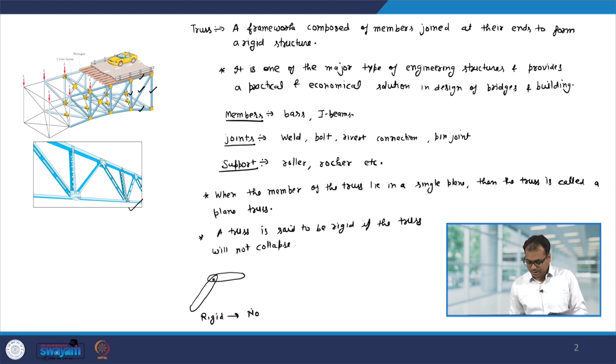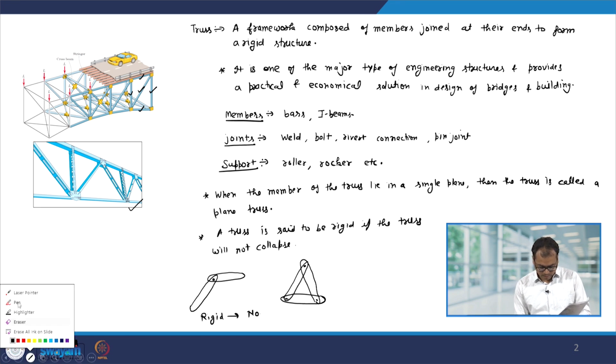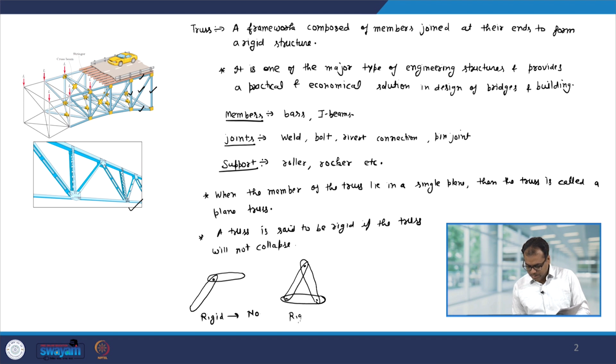Now, let us look at another structure. Let us say I have this bar, now I connect another bar and then I put one more bar. Now, even if these bars are free to rotate about these points, still this structure will not fall down. Okay. So, if I ask is this a rigid structure, then the answer is yes.